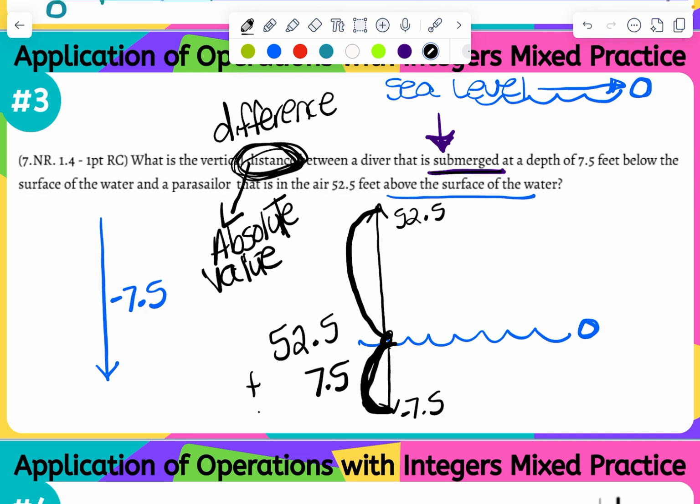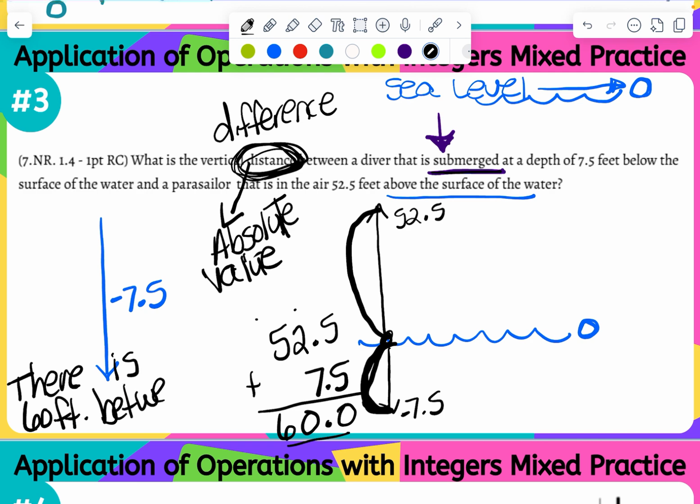So if we take those two distances and add them together, we get 60. So there's 60 feet between them.